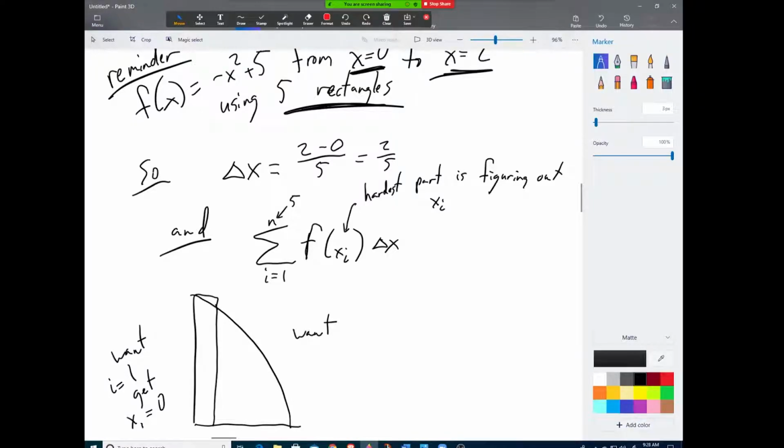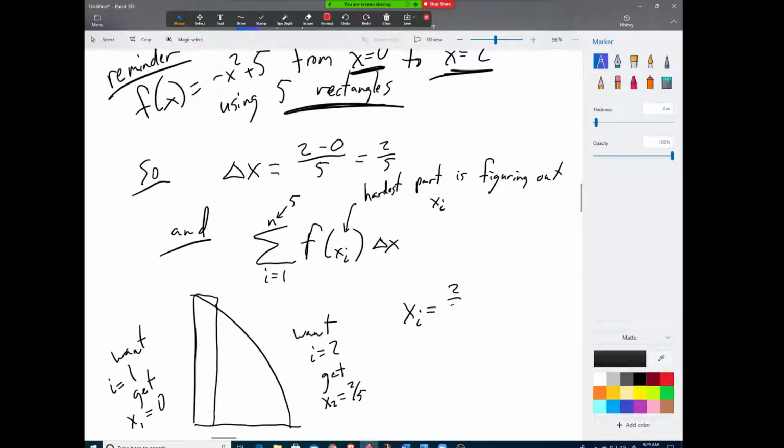And I want something where I plug in i equals 2, and get x of 2 equals 2/5. Before it was convenient because I could just plug in that delta x, 2/5, and I get out the number I want. But this one, we're going to have to modify it slightly.